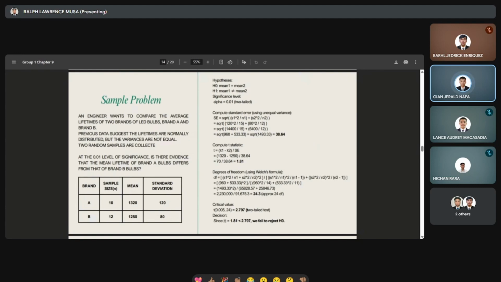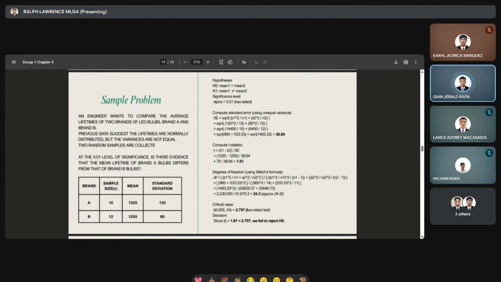After plugging in the values, we have the square root of 120 squared over 15 plus 80 squared over 12. 120 squared is 14,400 and 80 squared is 6,400. So we have the square root of 960 plus 533.33, and that is 38.64. So now we have the standard error.